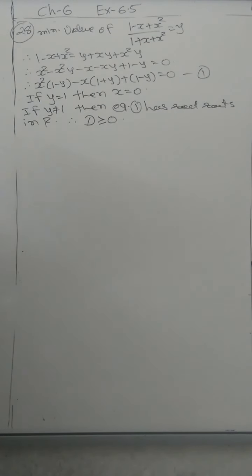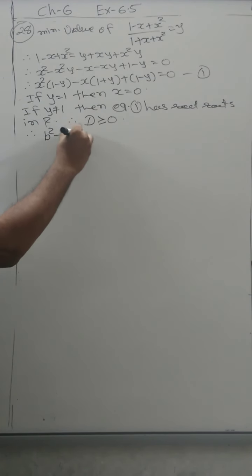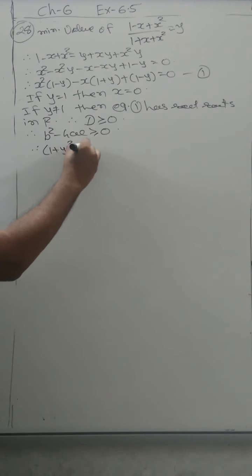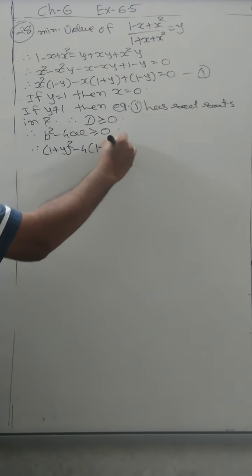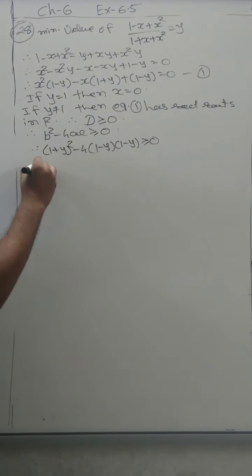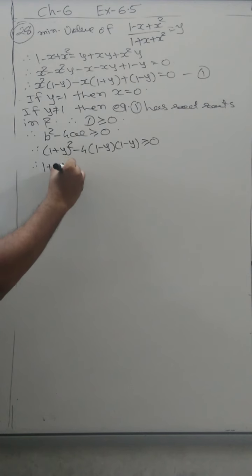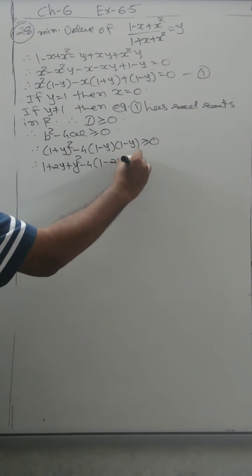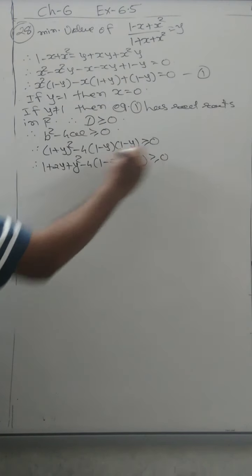Here the discriminant is b square minus 4ac, greater or equal to 0. It means 1 plus y whole square minus 4 bracket 1 minus y is greater or equal to 0. Hmm, so 1 plus 2y plus y square minus 4 bracket 1 minus 2y plus y square is greater or equal to 0.